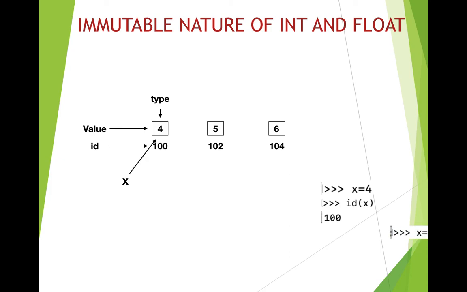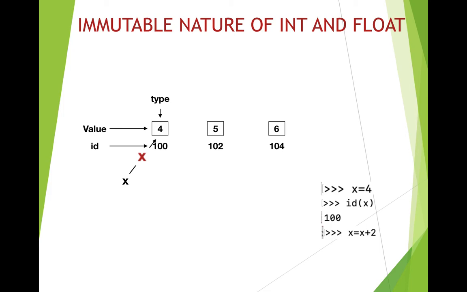In the next line, if I write x equals x plus 2, what happens internally in memory is that the value is updated from 4 to 4 plus 2, which is 6. Therefore, the previous link is broken. The link was the binding between x and 4.